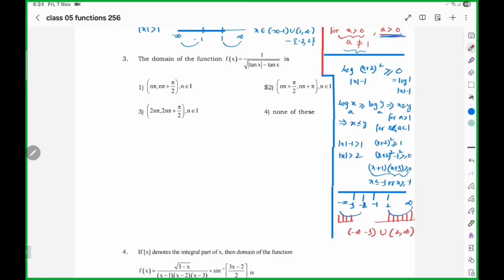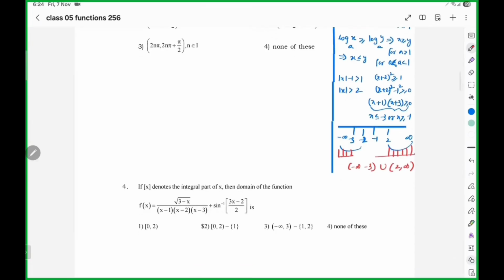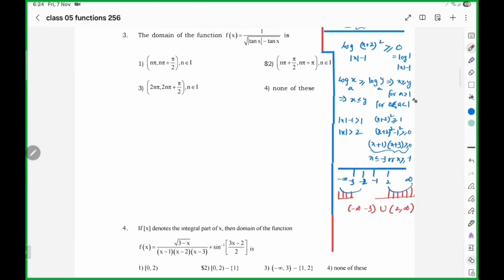And the last part here is base lies between 0 and 1, that is this case. So here you have mod x minus 1 less than 1, x plus 2 whole square, with less instead of greater. Mod x less than 2. Here x plus 2 minus 1, x plus 2 plus 1 is less than 0.